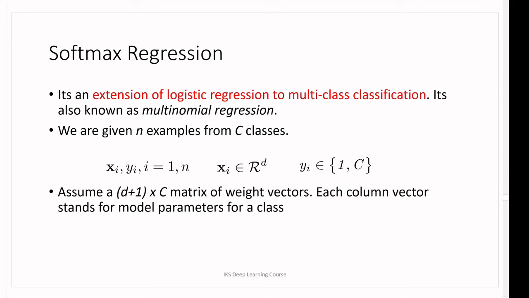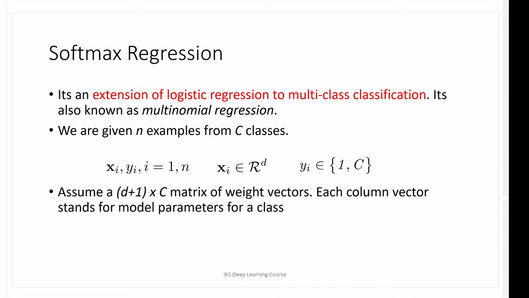So let us say we are given n examples from C classes, and for every example we are supposed to produce an output of 1 or 2 or 3, depending upon the class label. In this case, again, we will use a separate weight vector for each and every class.